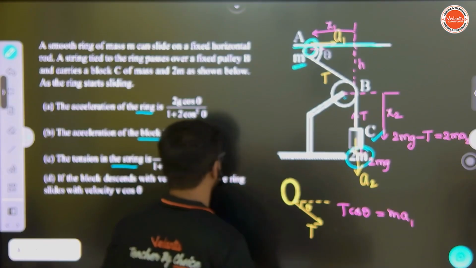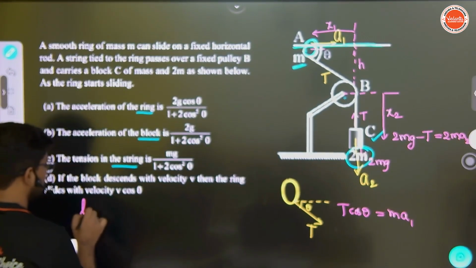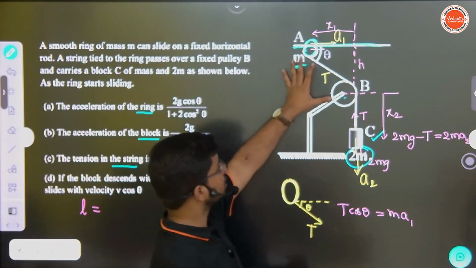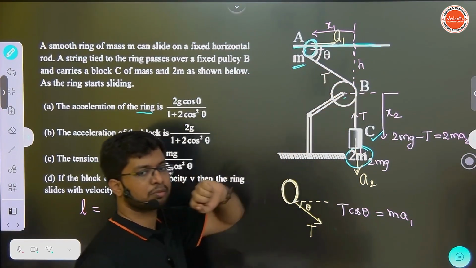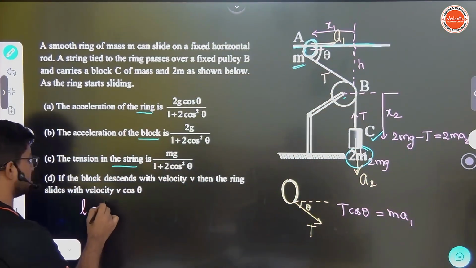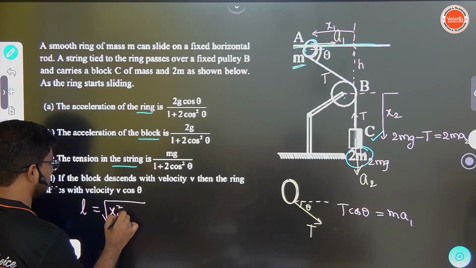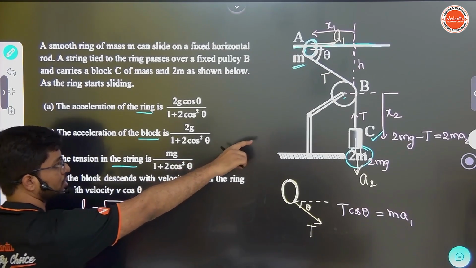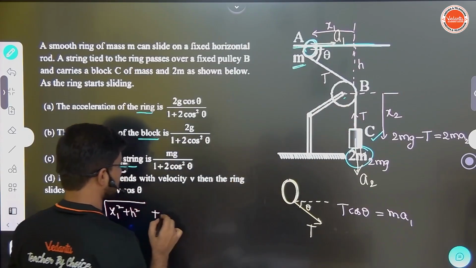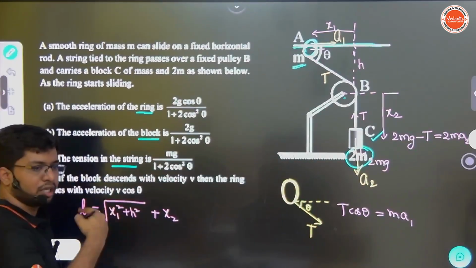Now what will be the string length here? Tell me. Total string length L is equal to, what is this length? Under root of x1 square plus h square. So this is under root of x1 square plus h square plus what is this vertical length here? x2. Clear? Let us differentiate this.